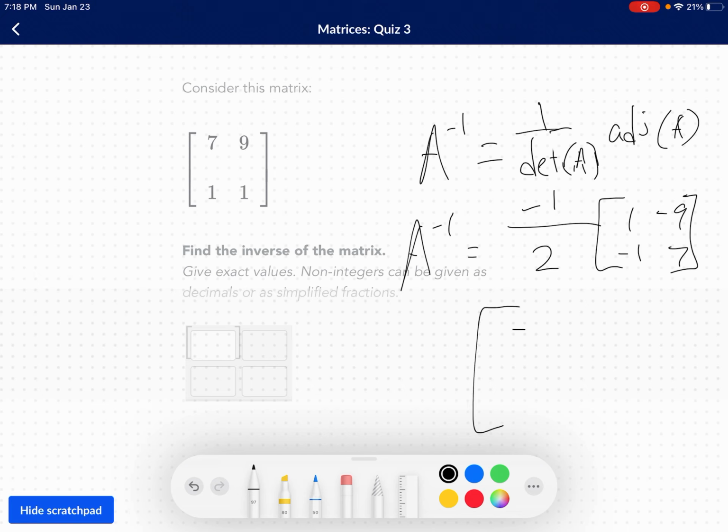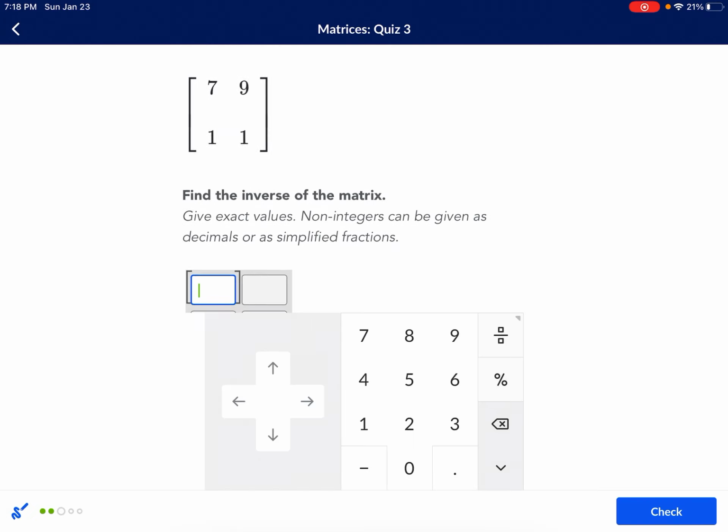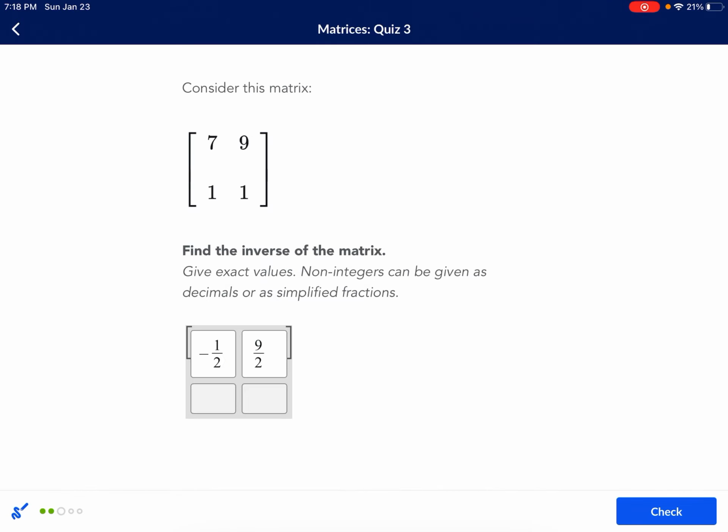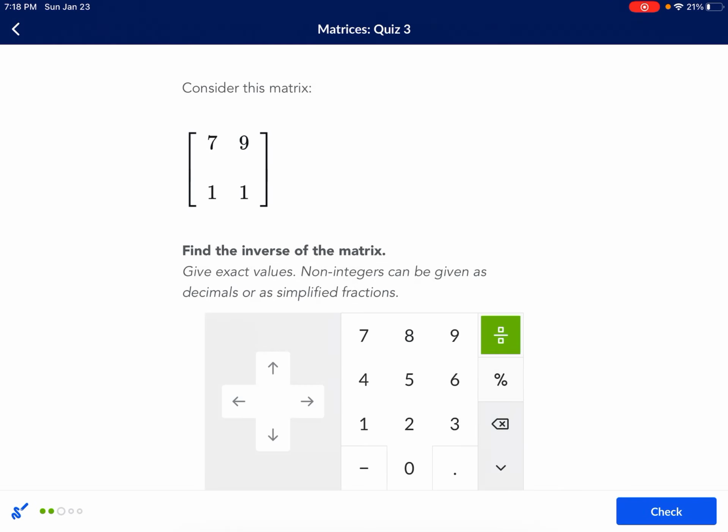So -1 over 2, 9 over 2, 1 over 2, and -7 over 2. So yeah, this is the inverse of the matrix.